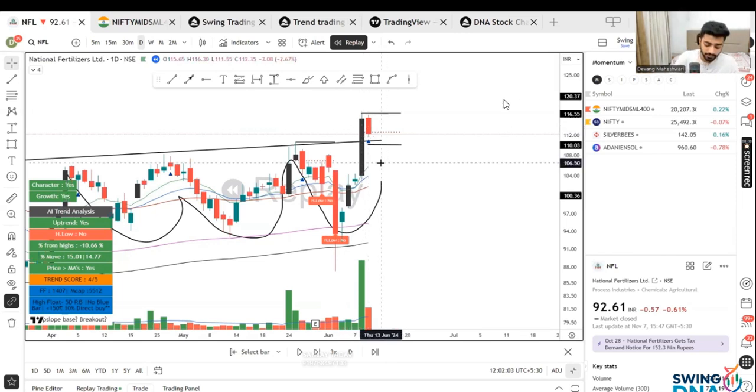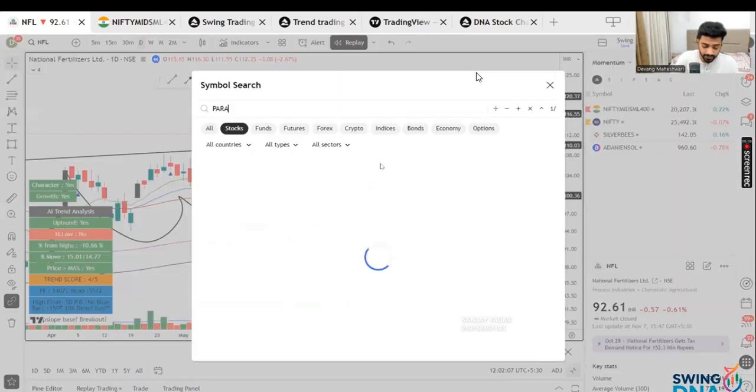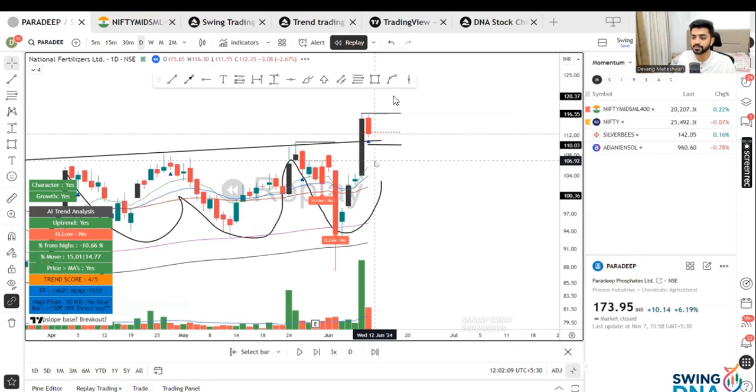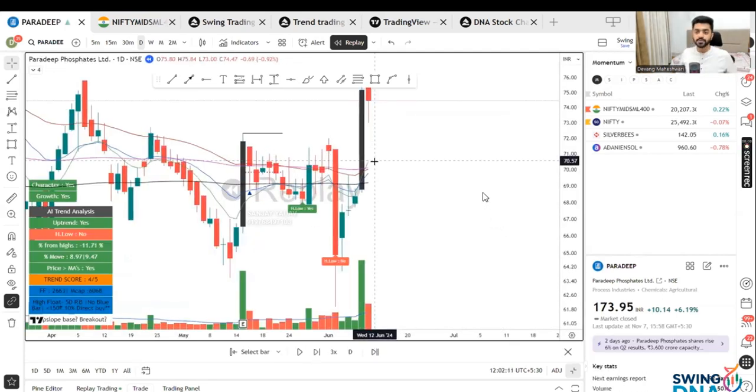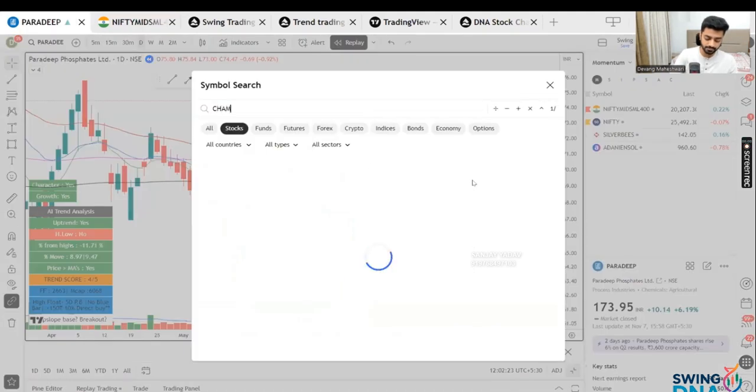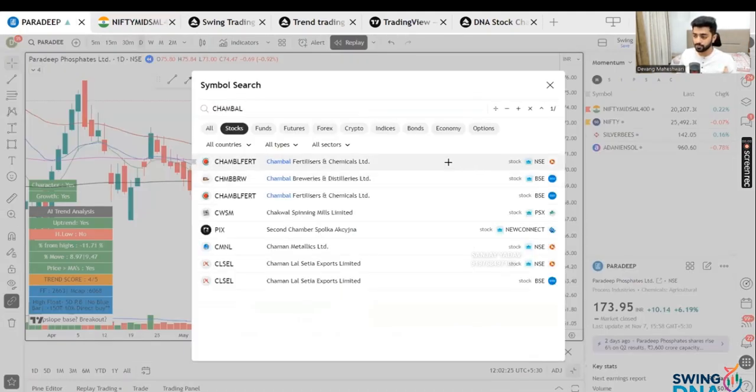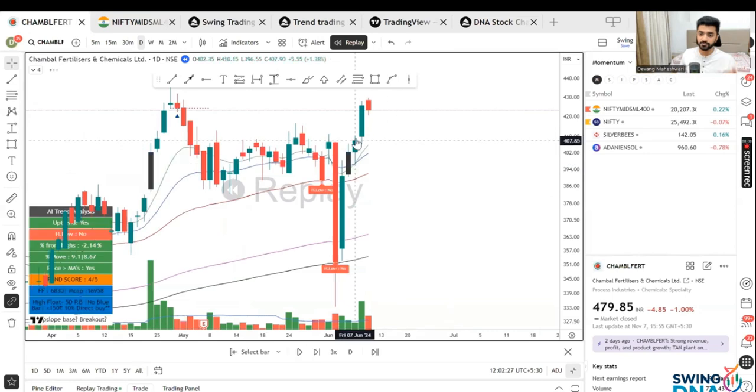Okay. Now, Paradeep Phosphate. Can someone write some more fertilizer names? See, 10th of June. This is 10th or 11th? 10th of June. Chambal, yes. All, 4 we have seen, 4 to 4 it was coming.